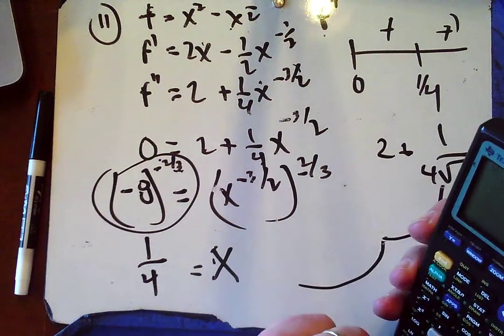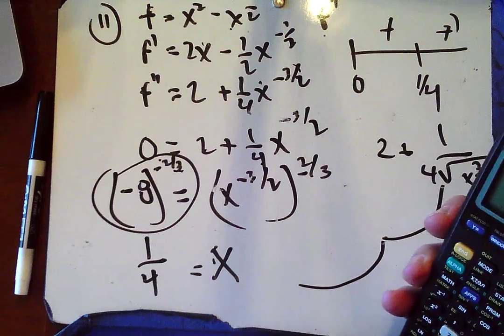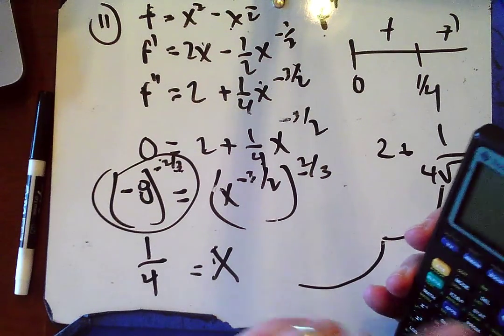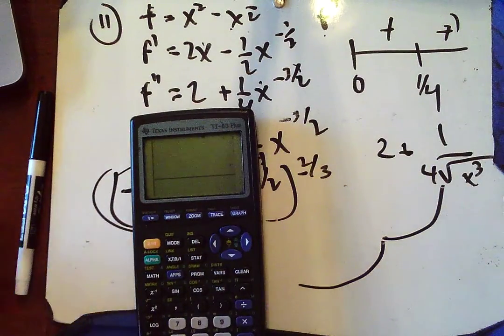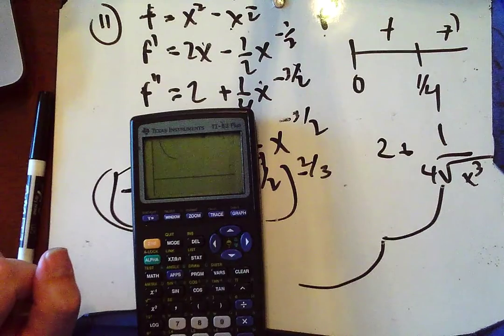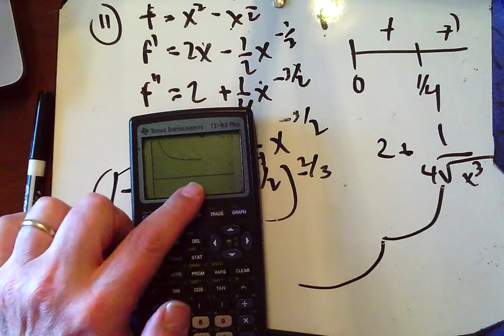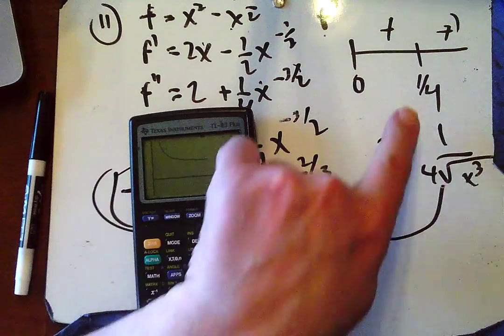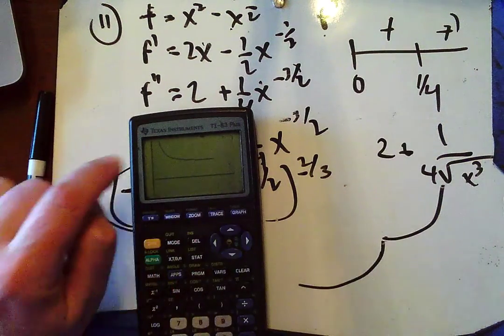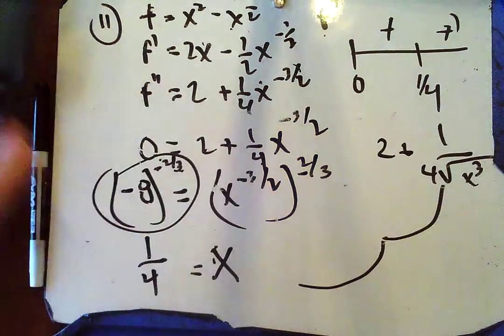So let's change the y max to something like 5. This is the second derivative. I think that's x equals 1. So 1/4? No. I didn't have anything happening at 1/4.